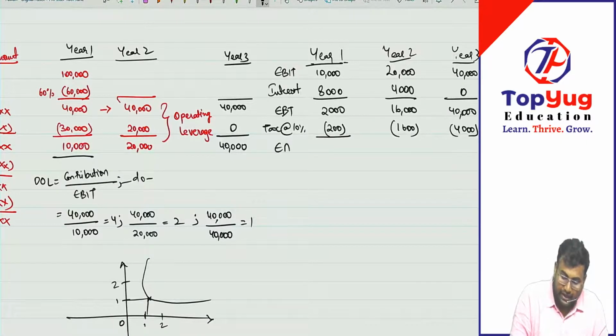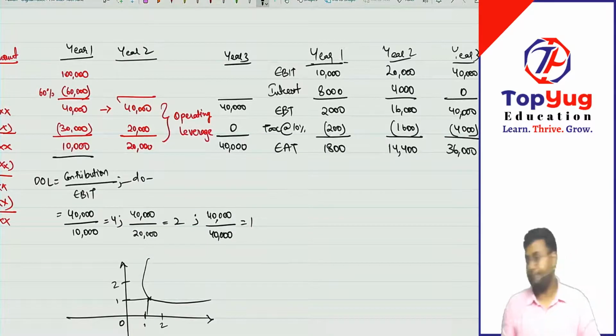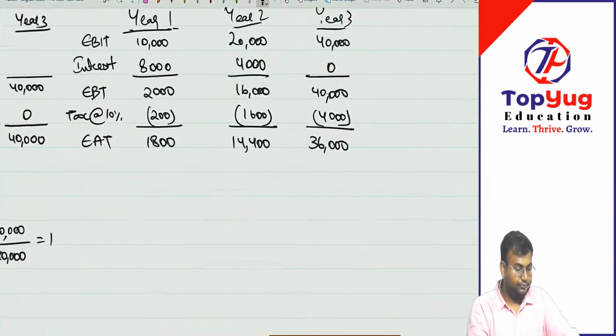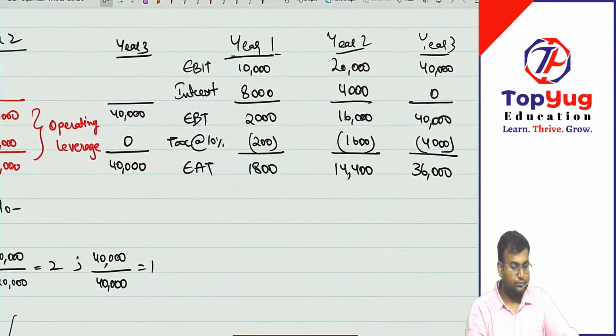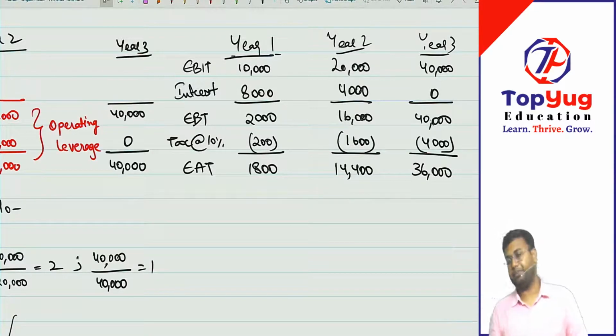So my EAT would be 1,800, 14,400, 36,000. Done? Agreed? Are we able to make it so far?